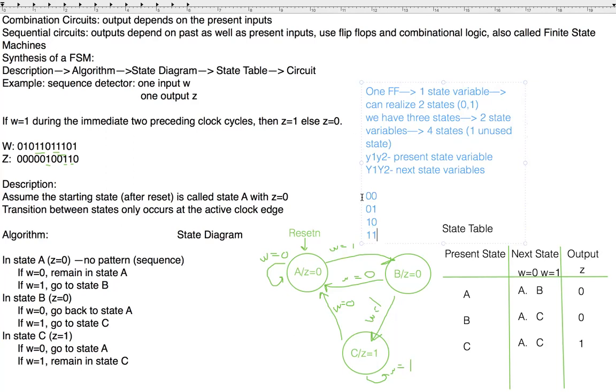Okay, and so 0 0 is going to represent state A. 0 1 is going to represent state B. And then 1 0 is going to represent state C. Cool. And then this one's just going to be the unused state.